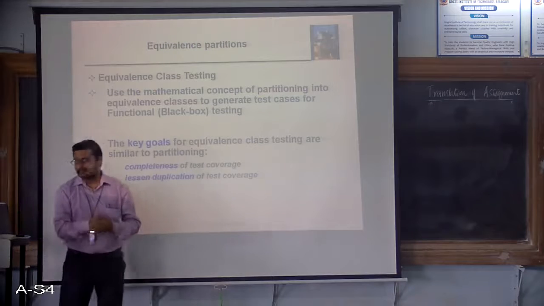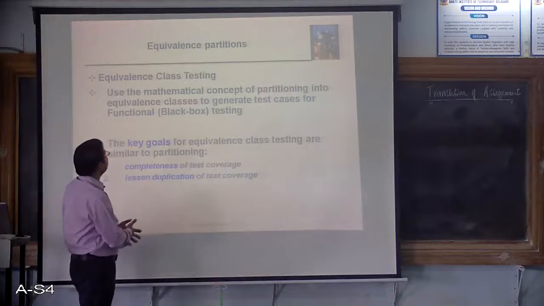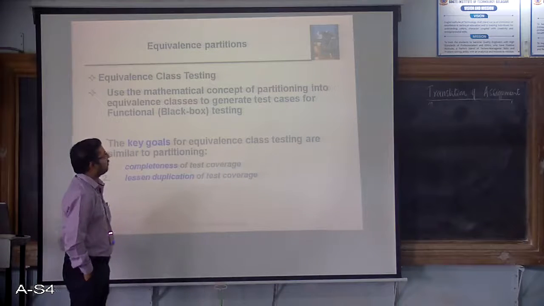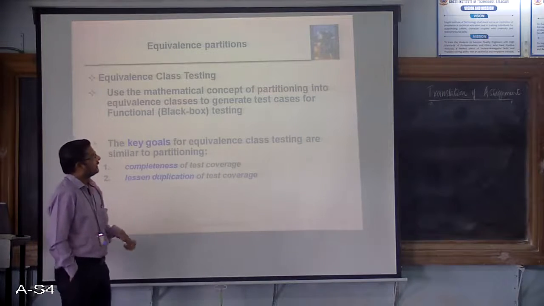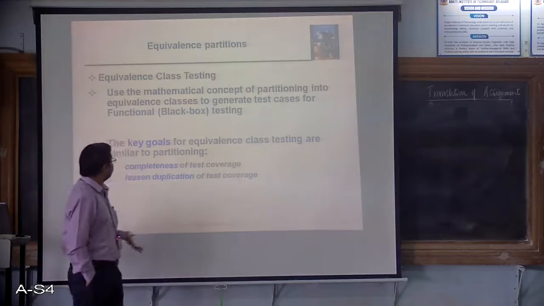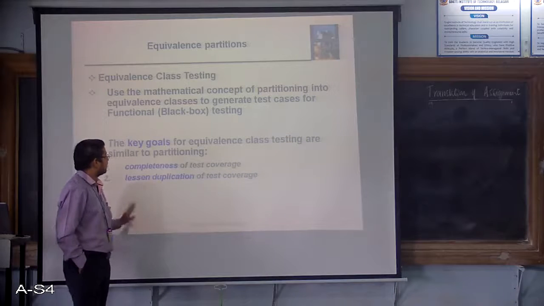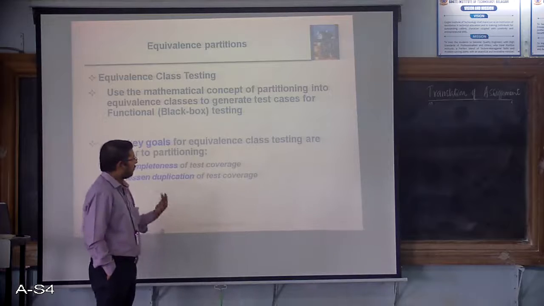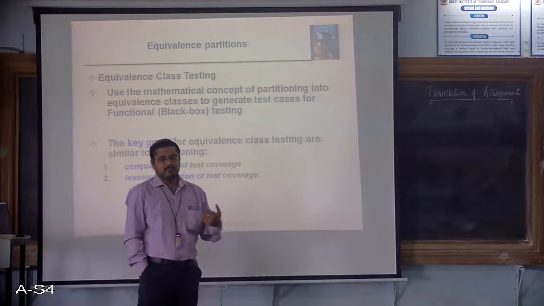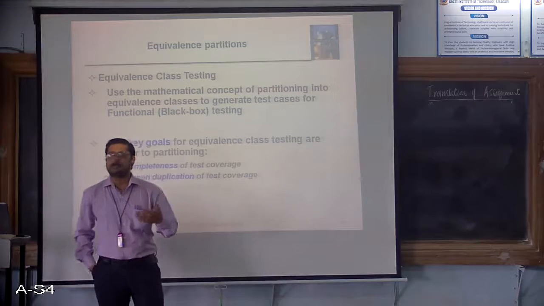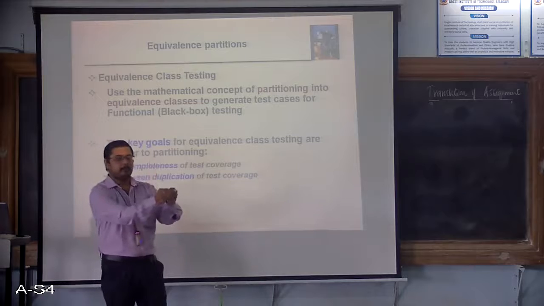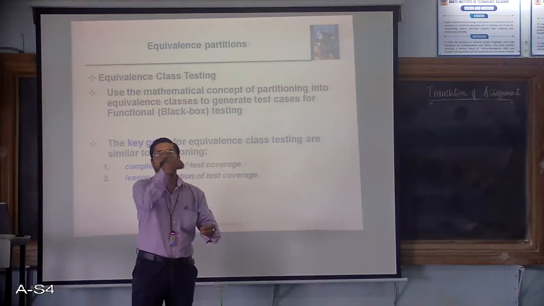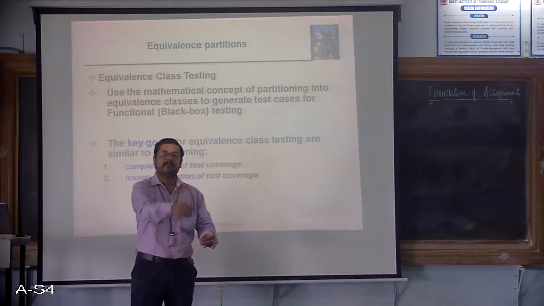Next, equivalence partition. Use the mathematical concept of partitioning into equivalence classes to generate test cases for functional testing. The key goals for equivalence class testing are completeness of test coverage and lessening duplication of test coverage. Instead of checking the same input again and again, we group the data and pick one piece of data from each group to check.